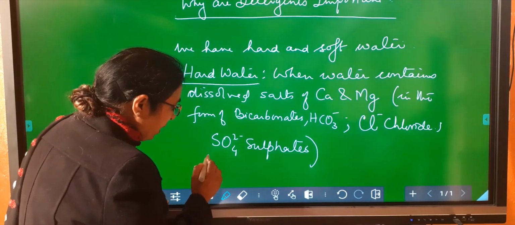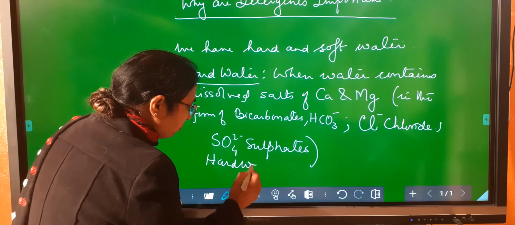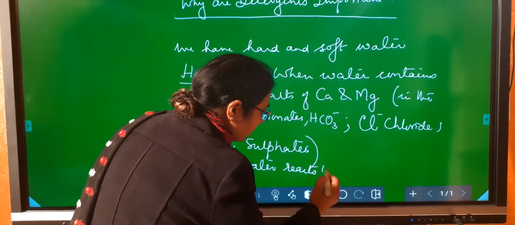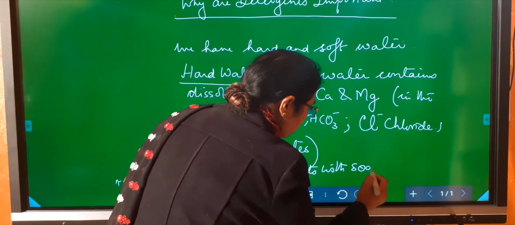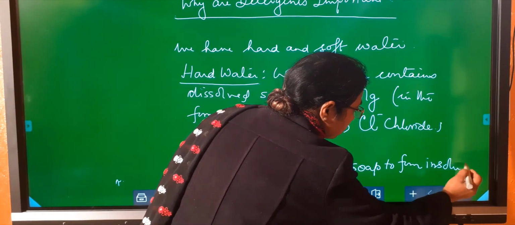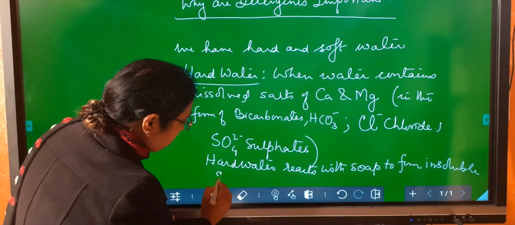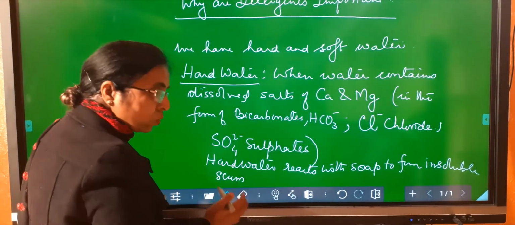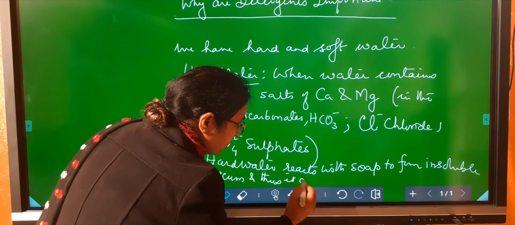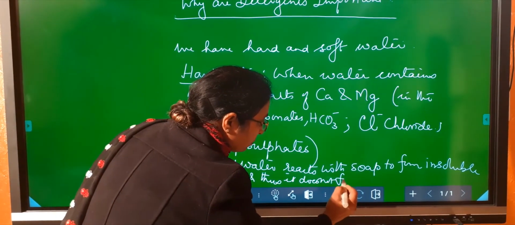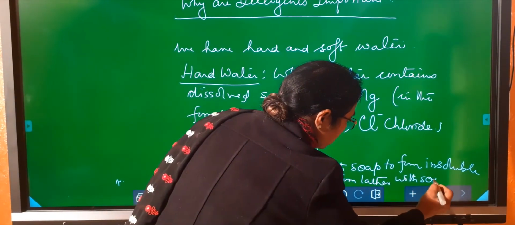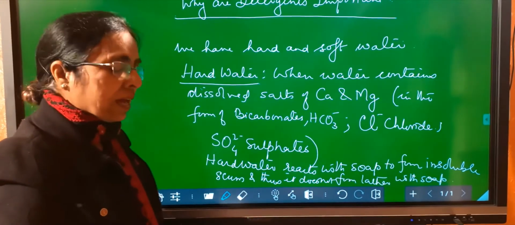That is what we can write: hard water reacts with soap to form insoluble scum, and thus it does not form lather with soap. So we call this hard water.